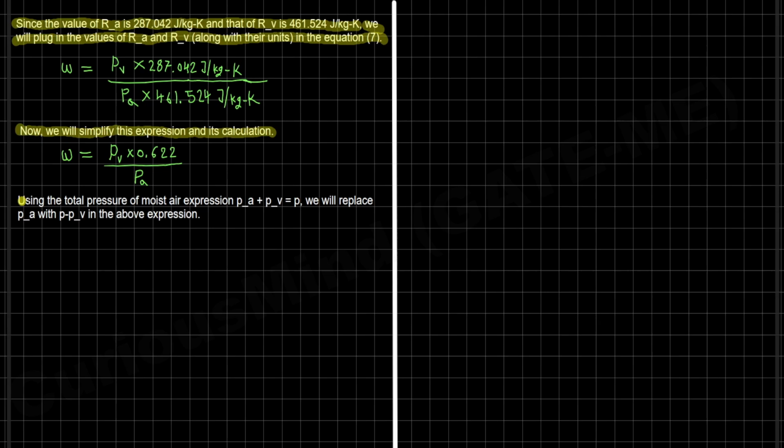Alright, now using the total pressure of moist air expression, which is this, we will replace PA with P minus PV in the above expression.